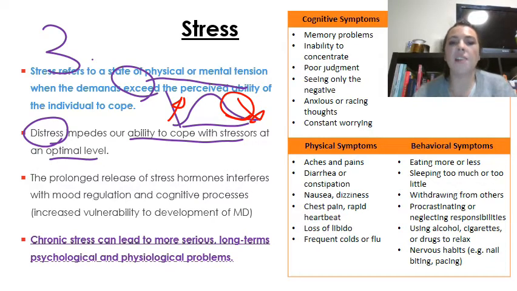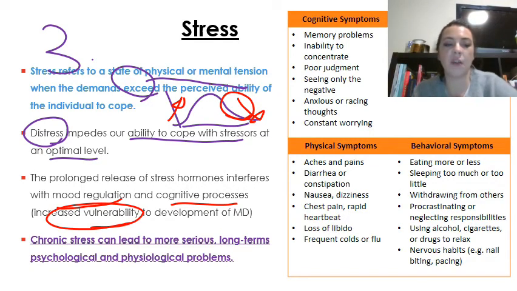When you're stressed, the prolonged release of stress hormones interferes with our mood regulation and our cognitive processes, which means we have an increased vulnerability to the development of a mental disorder. This often depends on how we appraise the stressor and how we appraise our coping skills.